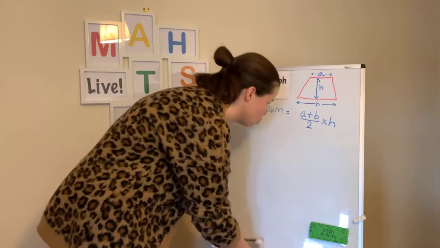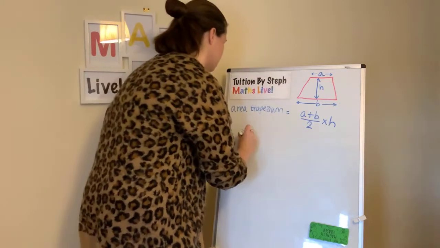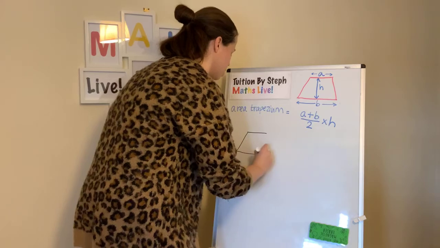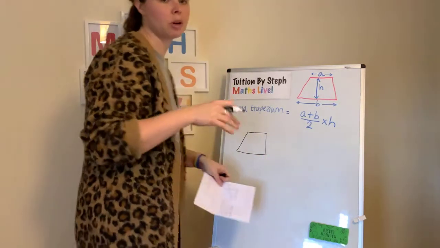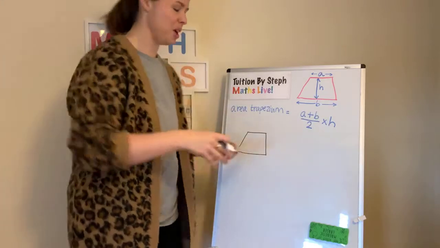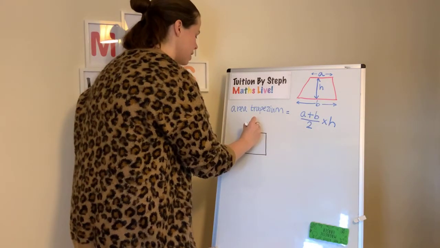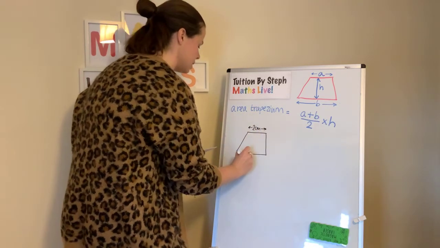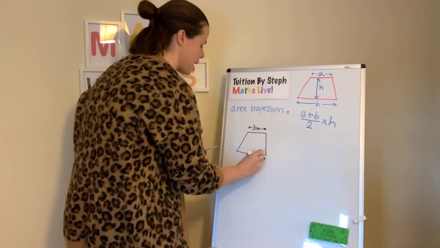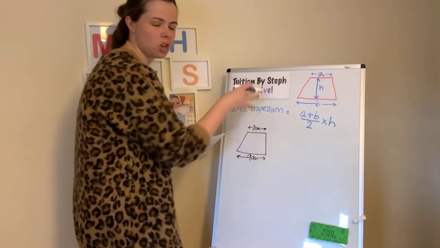So let's try a couple of examples. I've got a couple written down. So I've written these down because I don't want to clash with the other worksheets. So let's say this is 2 centimetres, this trapezium, and let's say this is 9 centimetres. So I've got my A and B, top and bottom.